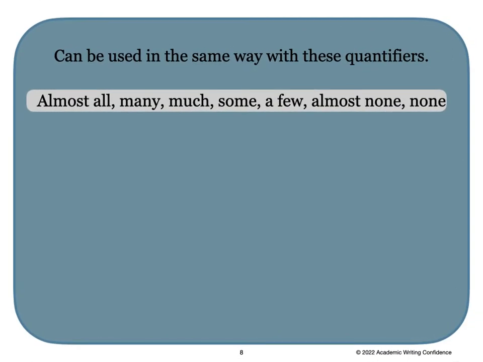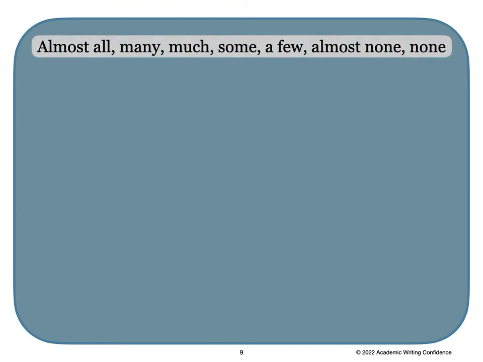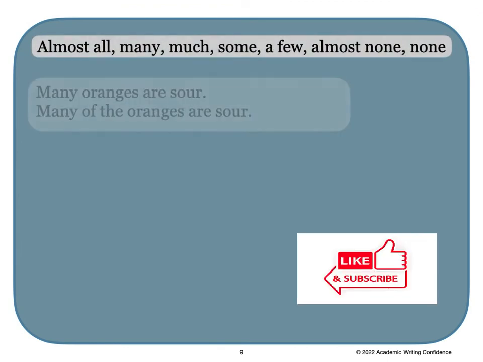Now, the same pattern can be used in the same way with these quantifiers. Almost all, many, much, some, a few, almost none, none. Now, here's a good chart to show approximate amounts for each of these words. Here are a few example sentences using these words.